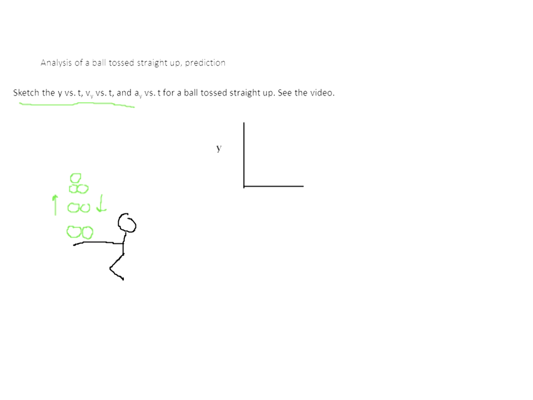Okay, so y versus t is the parabola. Like that, but better. And then for velocity, let's see if I can. Oh no. Okay, I messed that up. I'll do it.